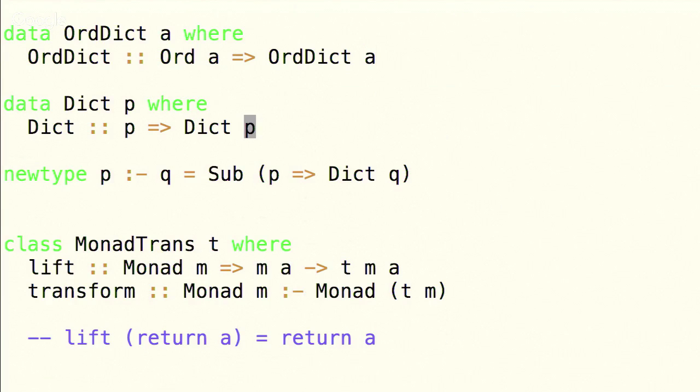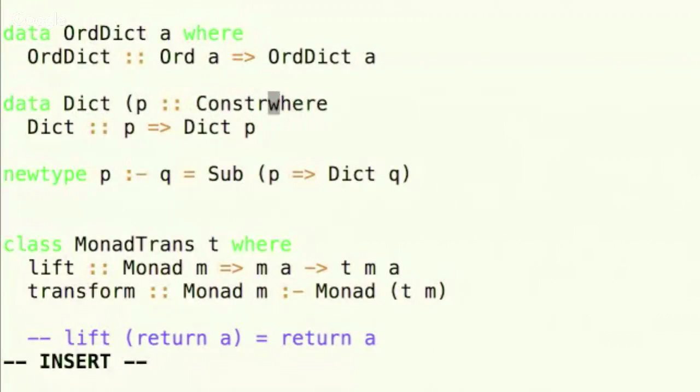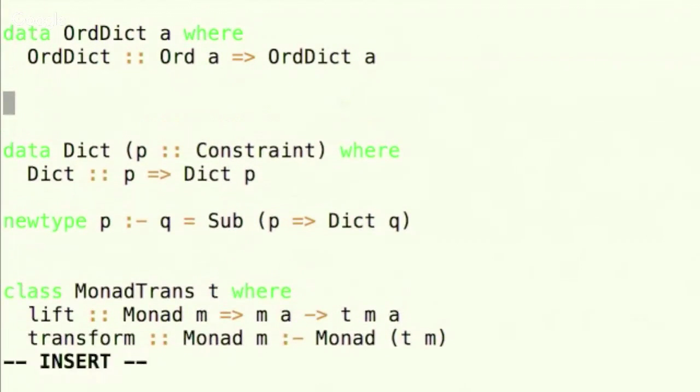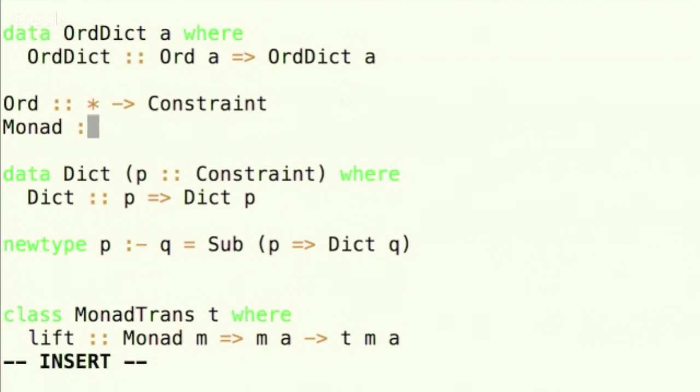Now, we can abstract over things of kind Constraint. So there's a kind Constraint such that Ord has kind star to Constraint, and Monad has kind star to star to Constraint.